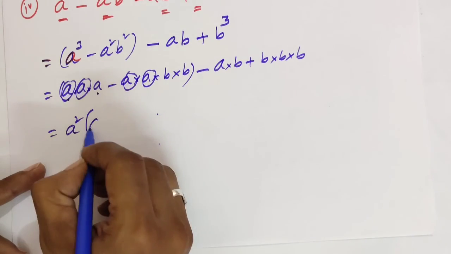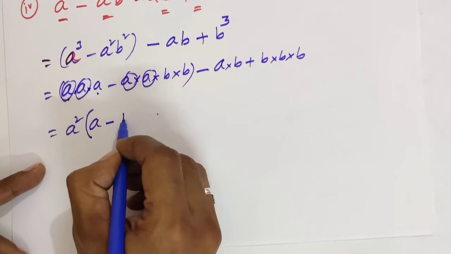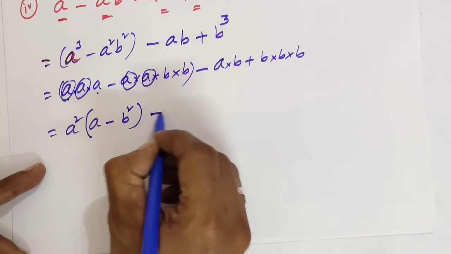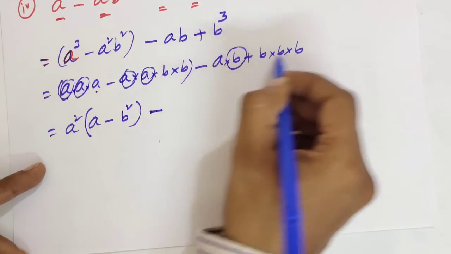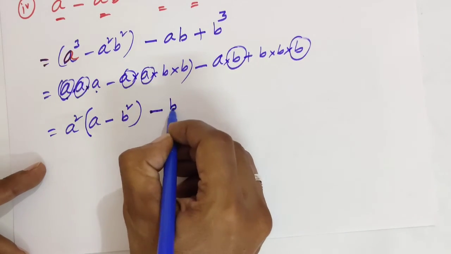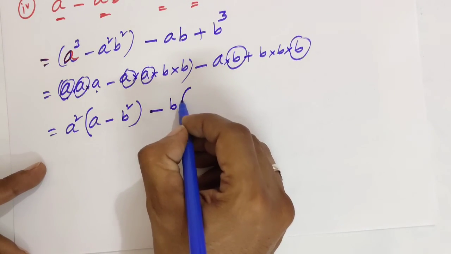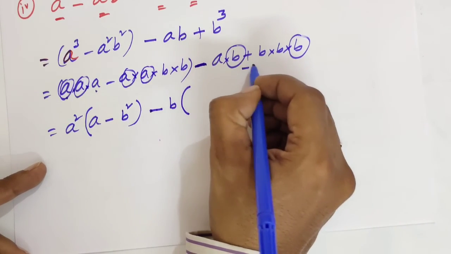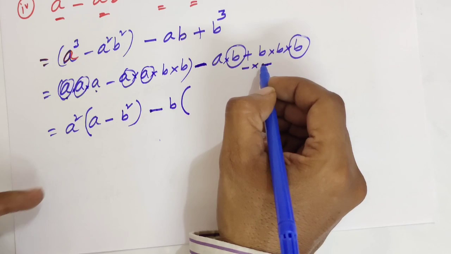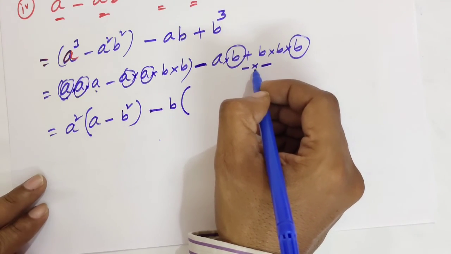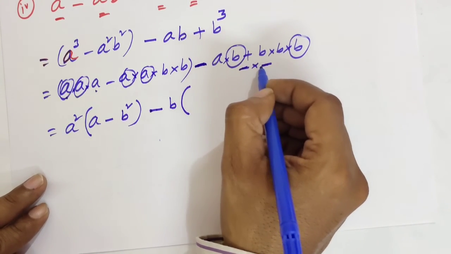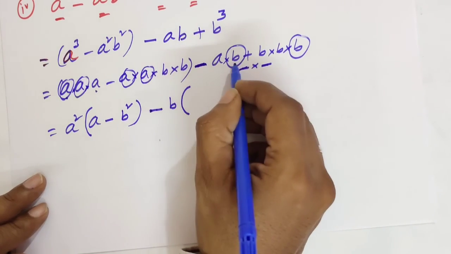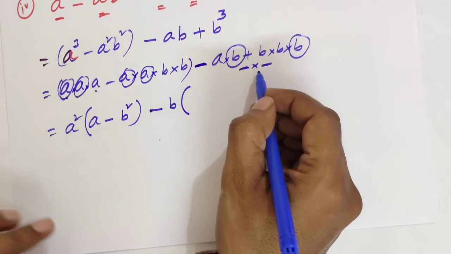The remaining thing is a minus b square, and again here minus b is the common, so observe carefully. Here I have to take the minus also. Why? Here plus sign having the minus and minus are the factors, so that's why minus sign. In the sign also you have to observe carefully. So we have to take the b common along with the sign, sign minus.